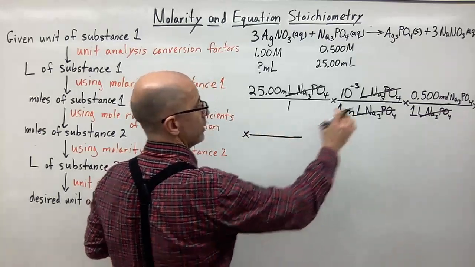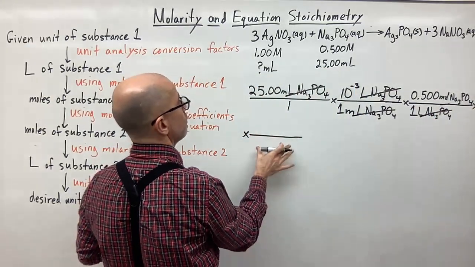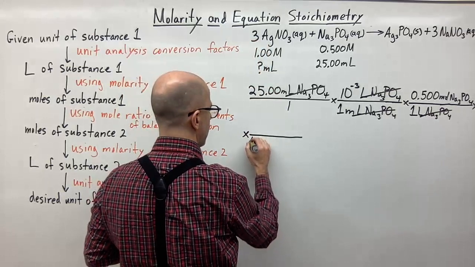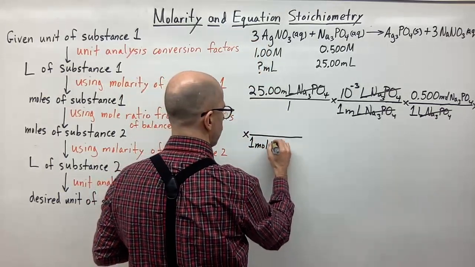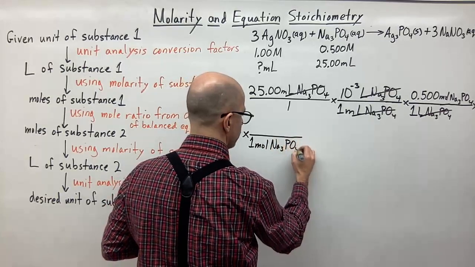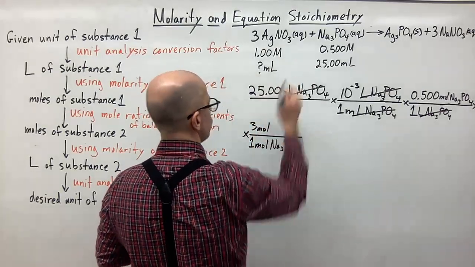Here I have moles of sodium phosphate, so I'm going to put moles of sodium phosphate on the bottom. So that's going to be 1 to 3. So 1 mole of the sodium phosphate on the bottom, and then 3 moles of the silver nitrate.